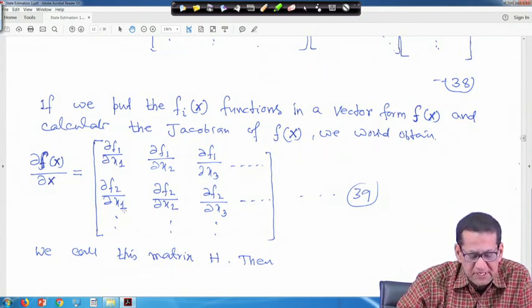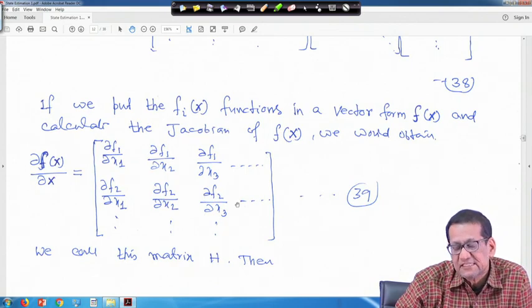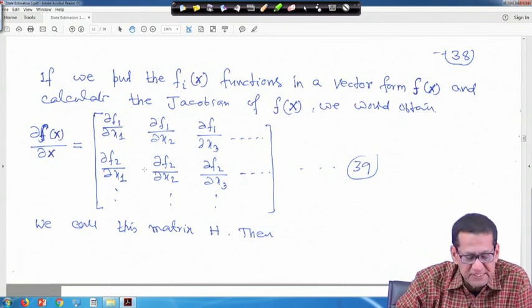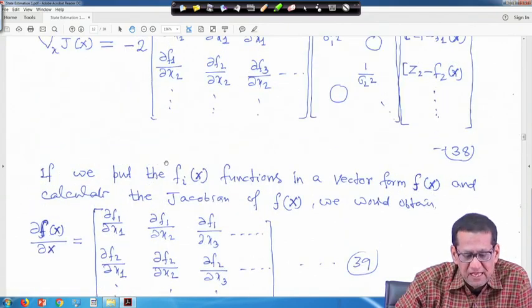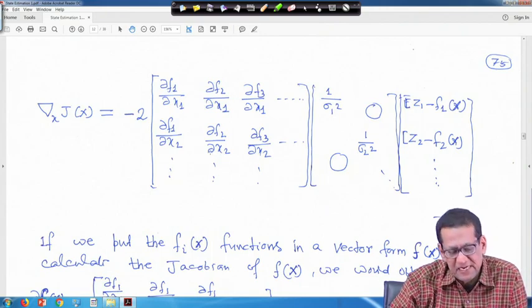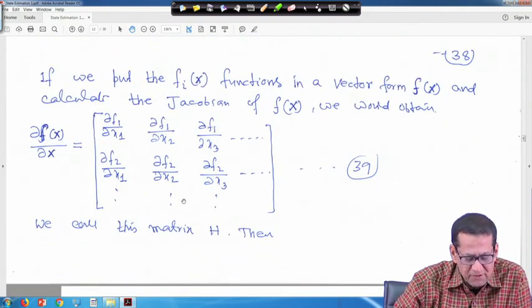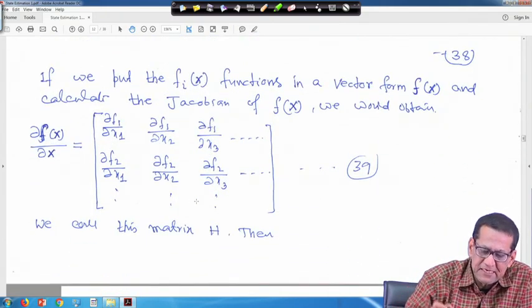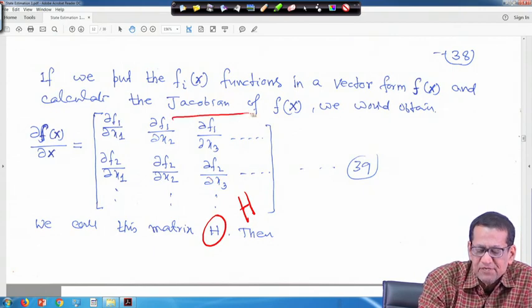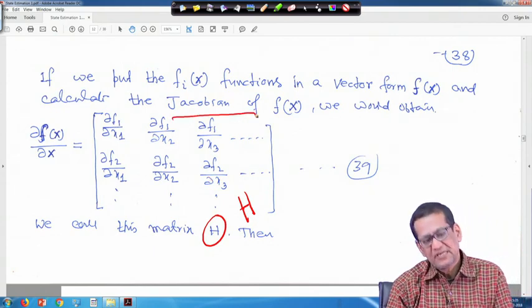Similarly, f 2 upon x 1, f 2 upon x 2, f 2 upon x 3 and so on. It is basically a Jacobian matrix. If you look into this matrix, you will find it is the transpose of another one. Therefore, we call this Jacobian of f of x the matrix H.